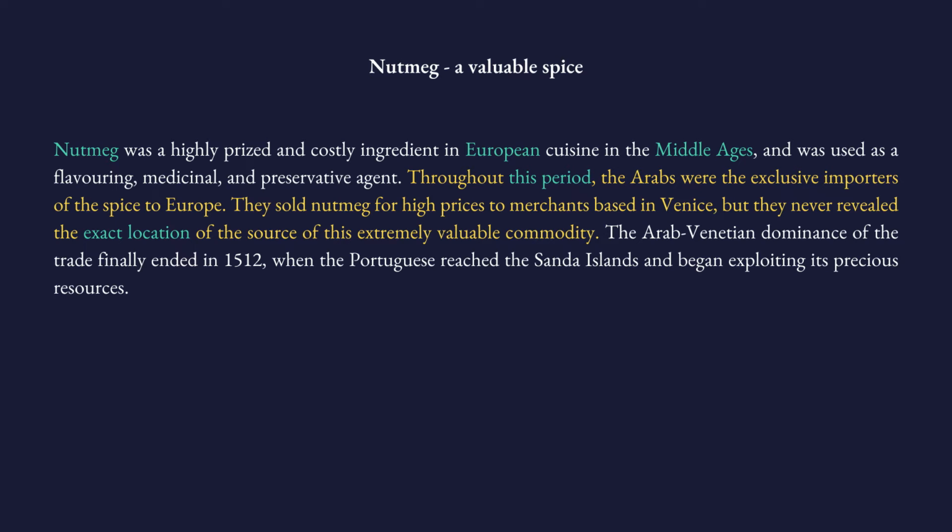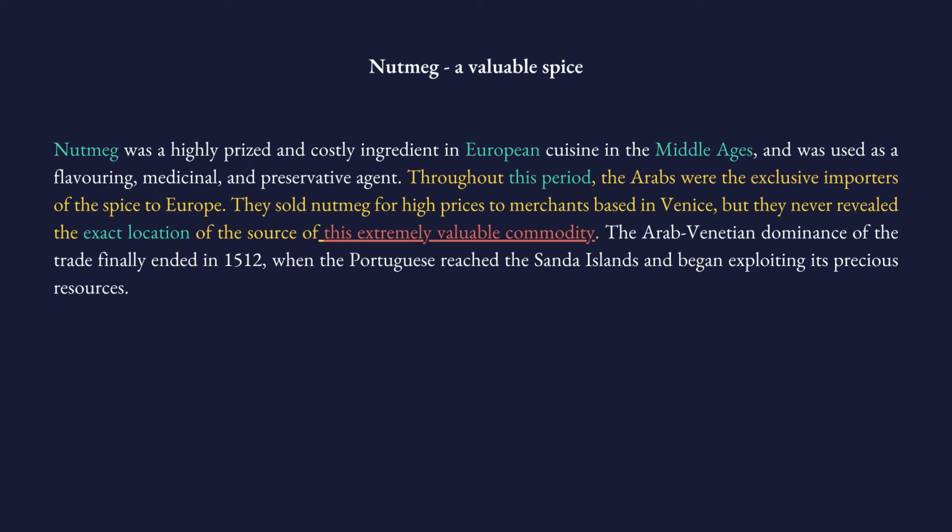They sold nutmegs to Europeans, but, and here is the important part, they never revealed the exact location of the source of this extremely valuable commodity. This extremely valuable commodity means basically nutmeg. So we are simplifying the sentence in our mind to be able to answer the question.